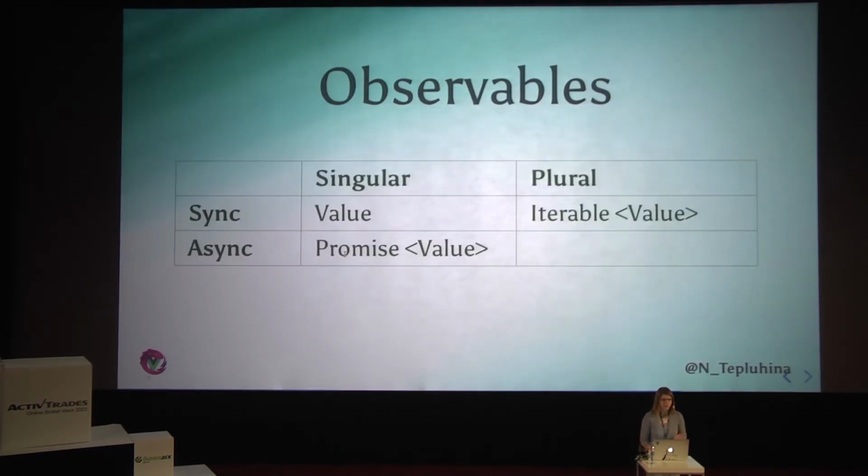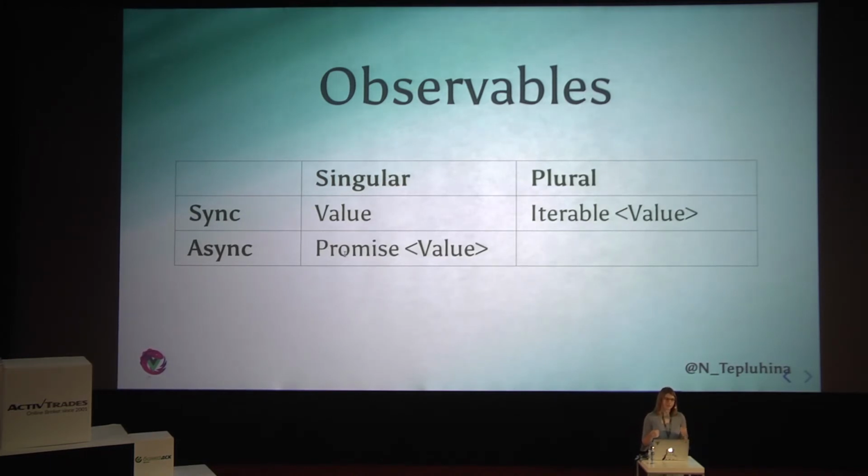The core concept of RxJS is observable. Let's have a look at this table, and this table represents all the primitives of JavaScript. So singular synchronous primitive is just a value. String, number, boolean, object, anything. Plural synchronous primitive is a collection, is an iterable, it's an array.